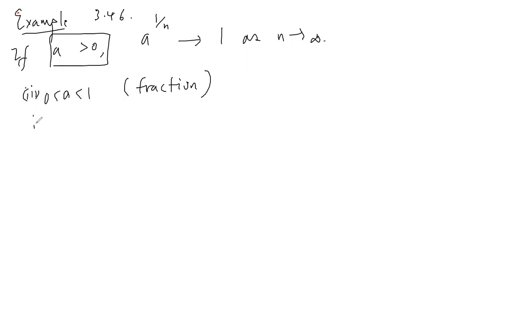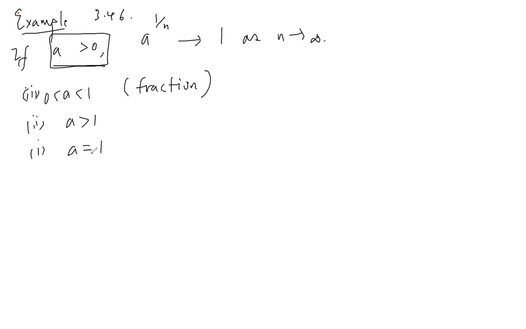Okay, let's talk about the simple cases first. a equals 1, and then a larger than 1, right? So you are covering all cases, yeah? Okay, a greater than 0, there are 3 cases here, right?